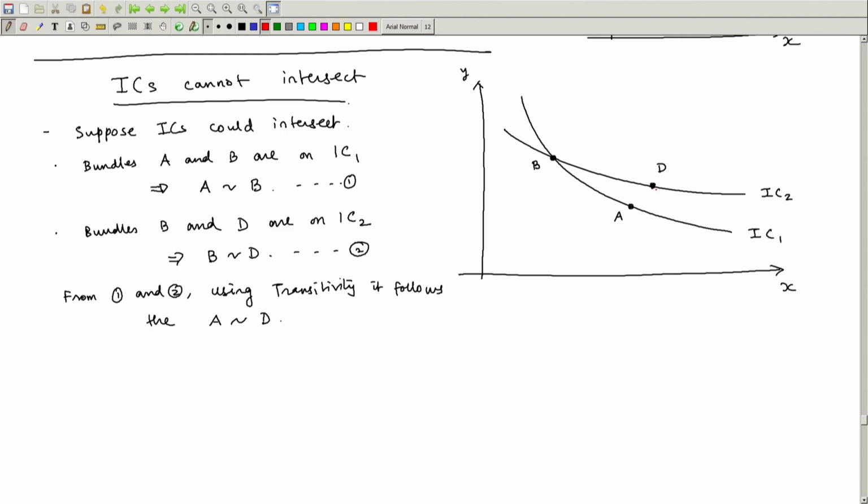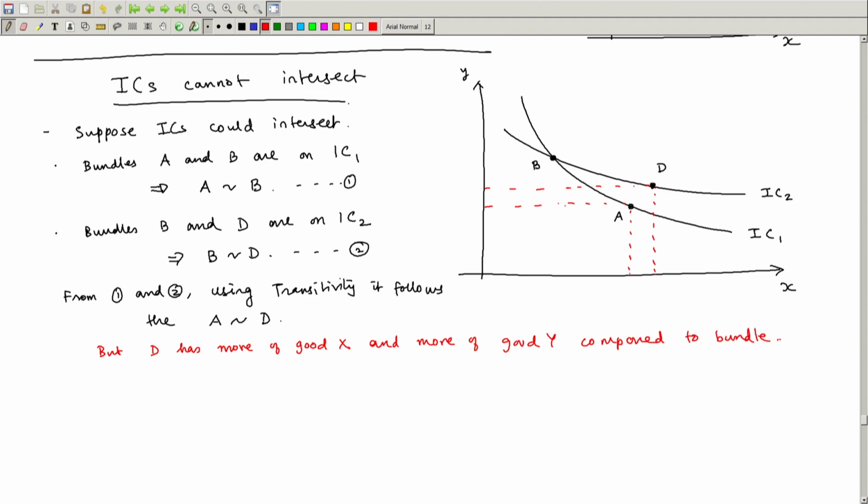In fact, the way I have drawn it, bundle D has strictly more of good X and more of good Y compared to bundle A, which means that by the more is better structure on preferences, the consumer strictly prefers D over A. Now, I cannot say that I strictly prefer D to A and also claim that I am indifferent between A and D. So, this contradicts.